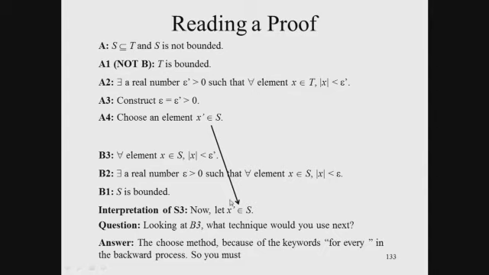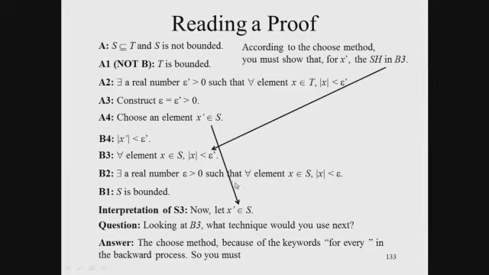And notice that that is exactly what the author has said in S3. Let x prime be an element of S. The author is using the choose method. And what does the author have to show? That the something happens, namely the absolute value of x prime is less than epsilon prime.